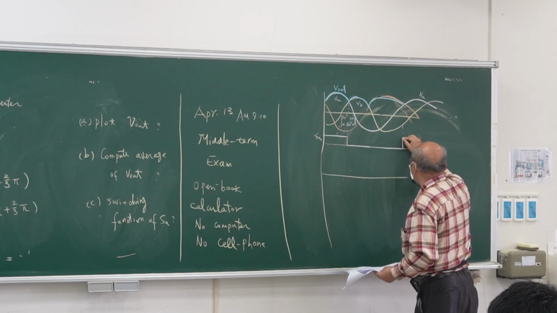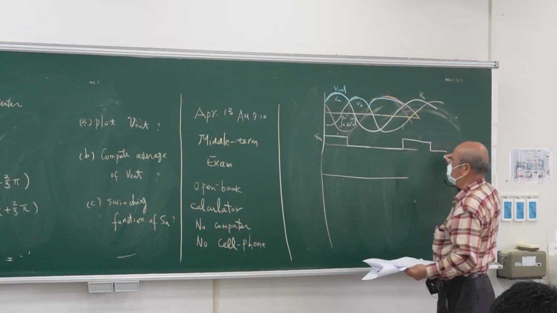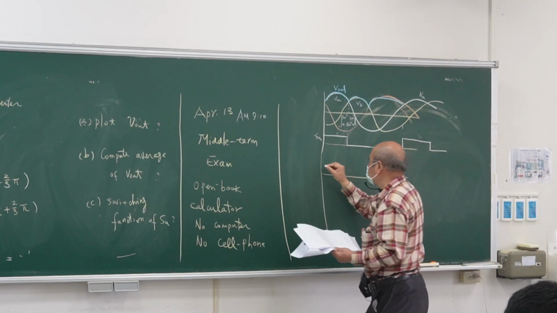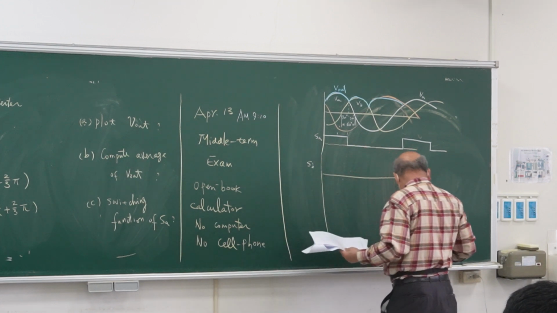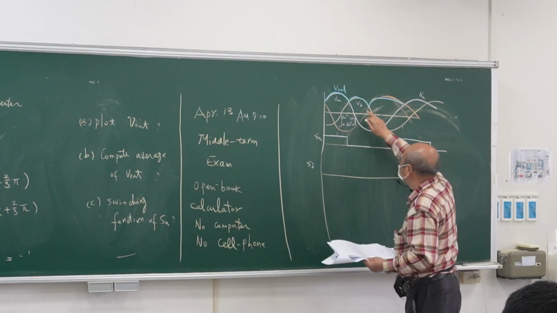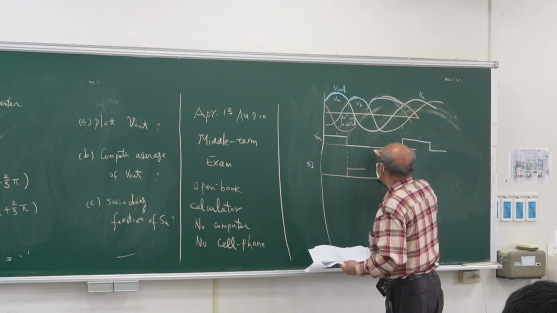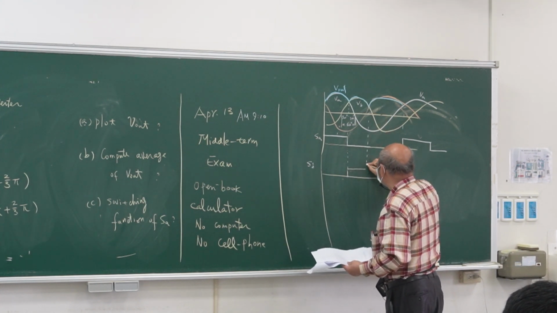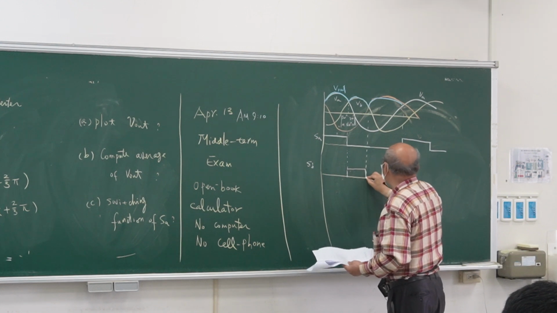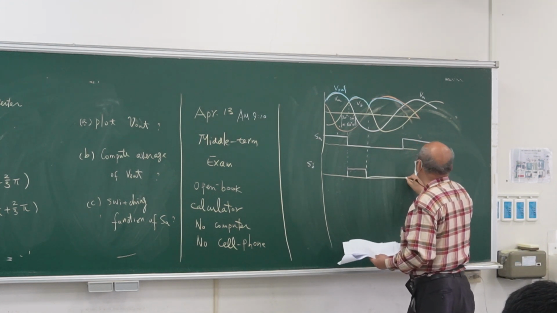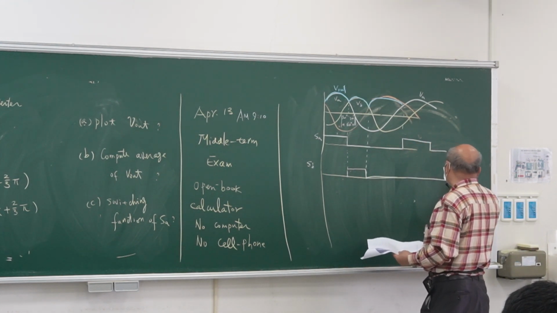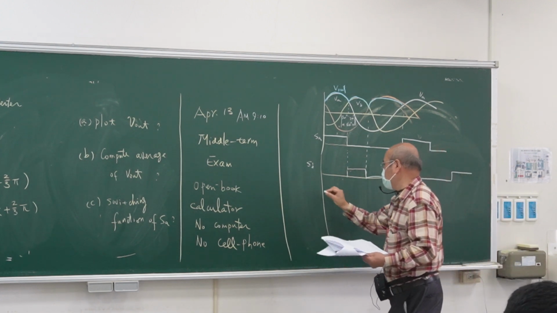So S A turns on again, like this. So how about S B? B phase turns on here. So S B turns on here, and then turns off here, and then becomes 0, and then turns on again. How about S C?